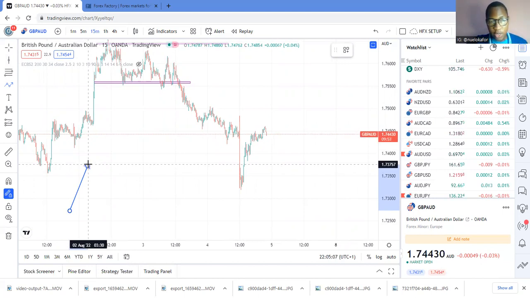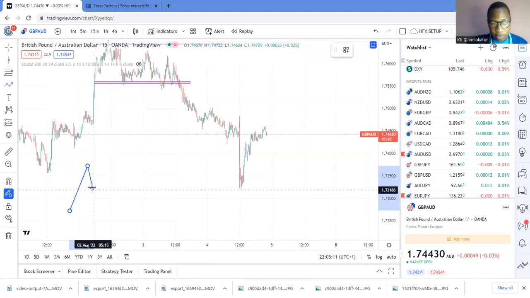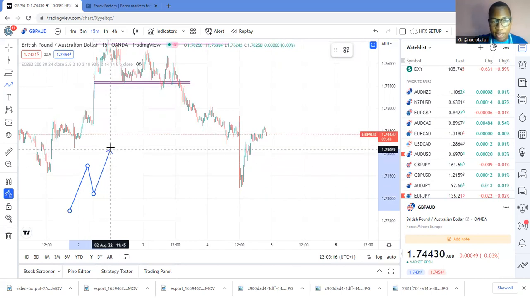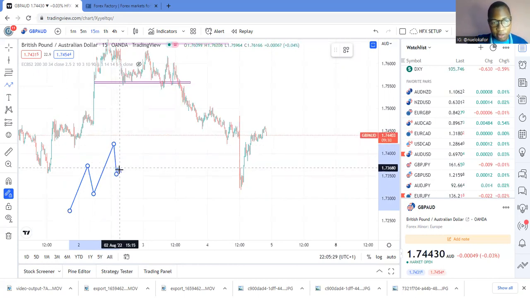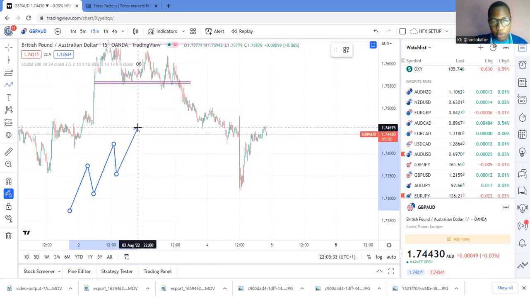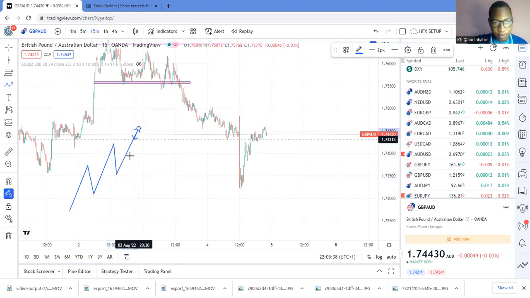So make what we call a high, it's gone up, then it comes and rejects that price, comes downwards a bit, then it makes another, a higher high than the past one. This is what happens in an uptrend. It makes a higher high than the last high, okay? And then also makes a lower low than the past one. All right, so this isn't so perfect, but I think it will do for now.